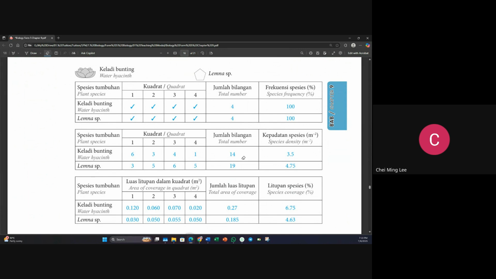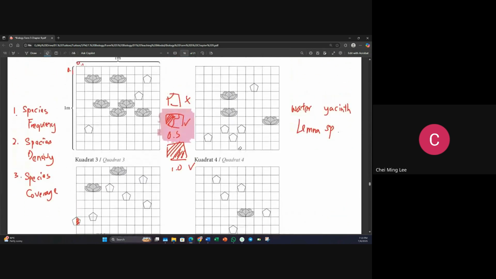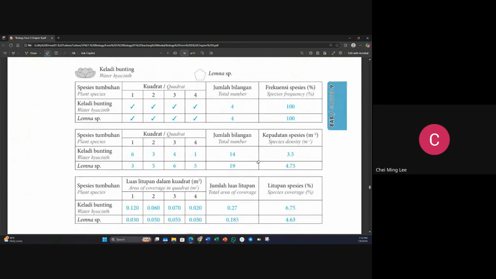The total number is 14. Using the formula just now, you should get the density around 3.5 per meter square for the water hyacinth. Lemna is 19 total number, so it's around 4.75 per meter square. All right?